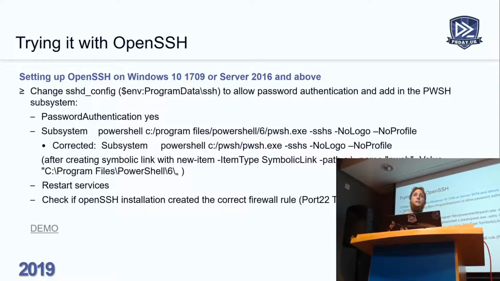So we are really into file-based configuration here, and the file to use currently is this sshd config, which you have to set to allow password authentication, and then add the PowerShell subsystem, because by now even if you can connect via SSH to your machine, you won't be able to connect directly to PowerShell.